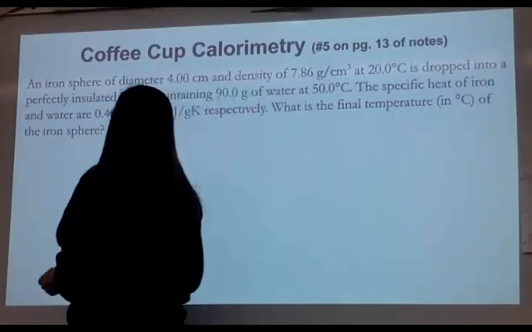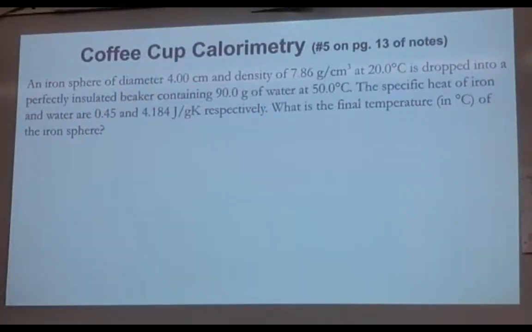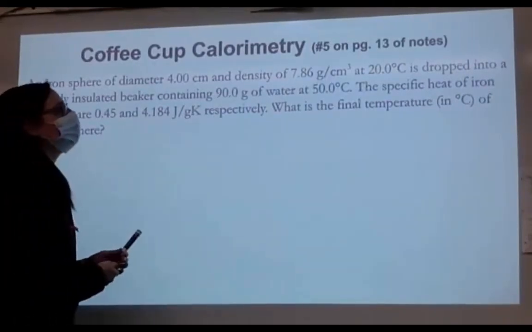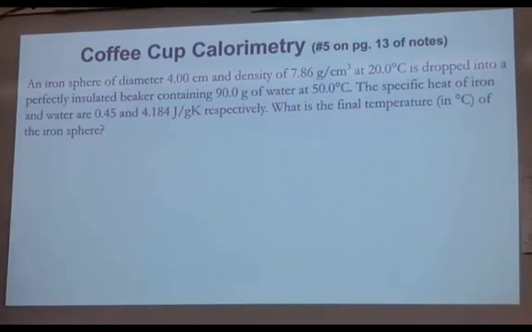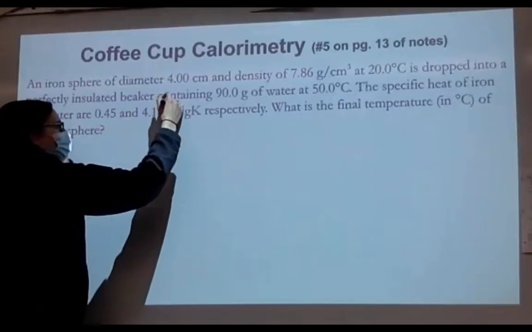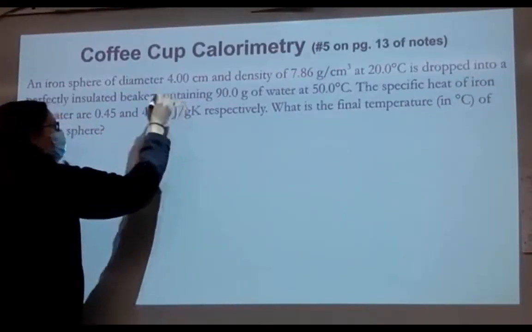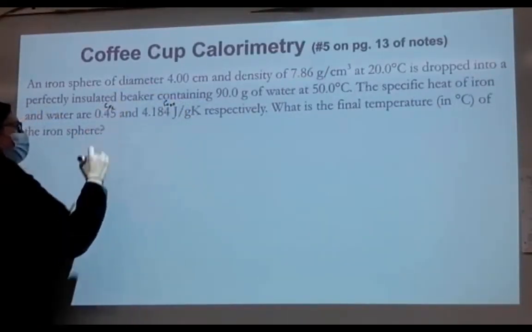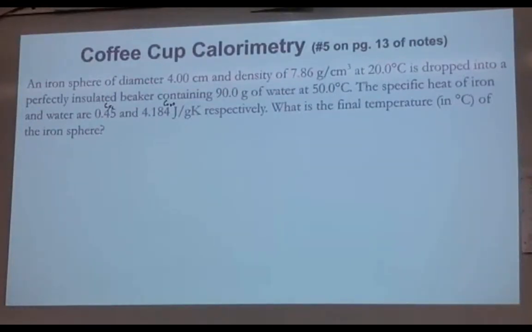So it says an iron sphere of diameter 4 centimeters and density of 7.86 grams per centimeter cubed at 20 degrees Celsius is dropped into a perfectly insulated beaker containing 90 grams of water at 50 degrees Celsius. The specific heat of iron and water are 0.45 and 4.184 joules per gram Kelvin, respectively. So that means this is H2O, this is Fe. What is the final temperature in degrees Celsius of the iron sphere?